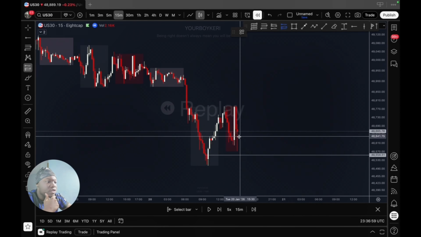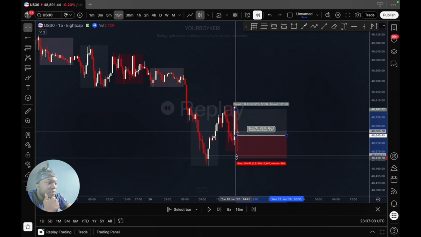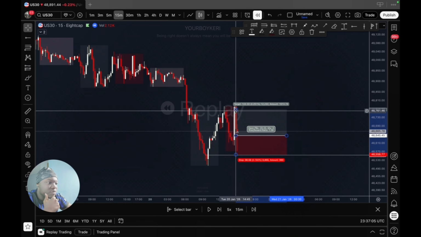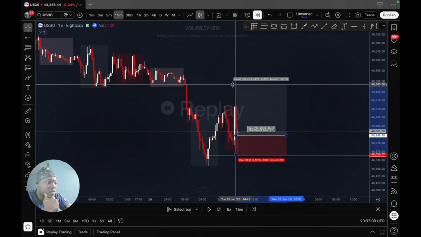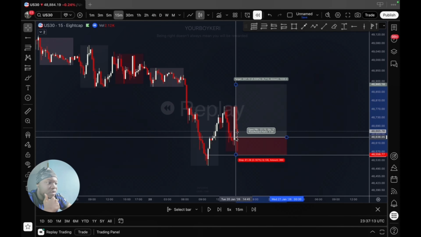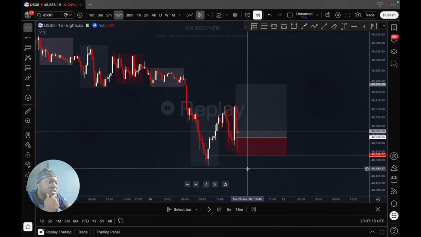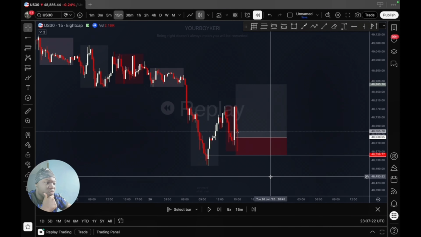So my entry was around here on some of the accounts, because I have multiple accounts. I was targeting the 3R, risking 2%, which is $200, and made $600. This was the first trade I took.